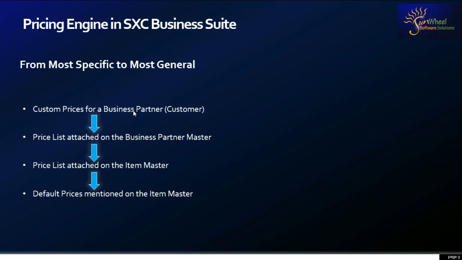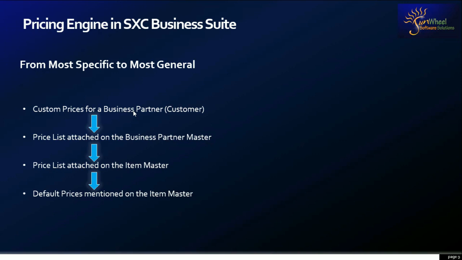So you can have 4 levels, and if you have specified prices on all these 4 levels, then the system will pick the price from the most specific to the most general, which means the first thing the system will find is if there is a specific price for this business partner. If yes, then it will use that price. If it doesn't find a custom price for that business partner, then it will see if there is a price list attached for that business partner.